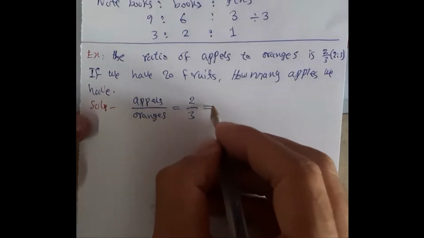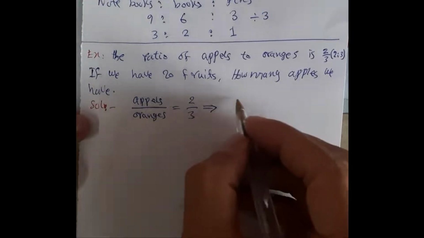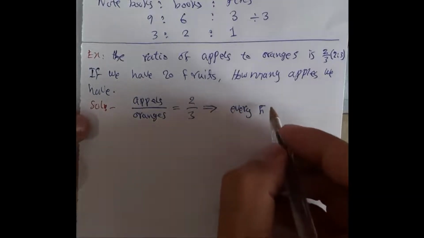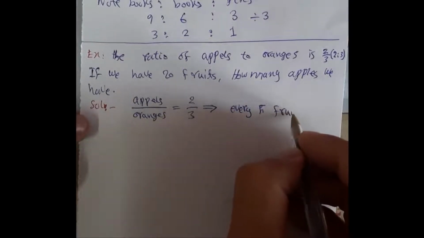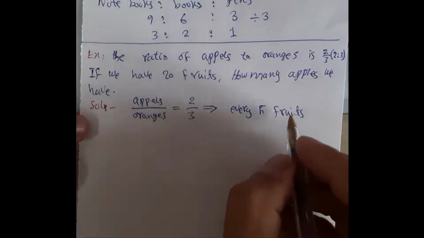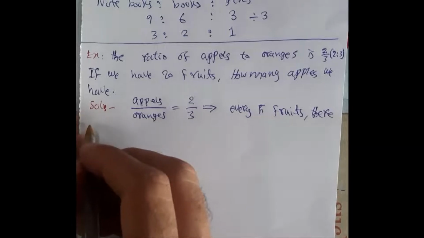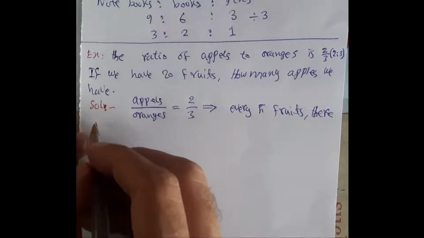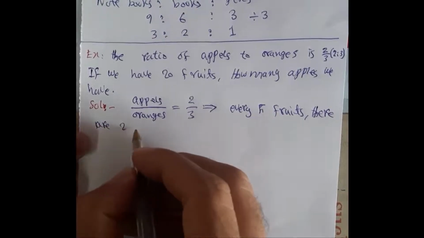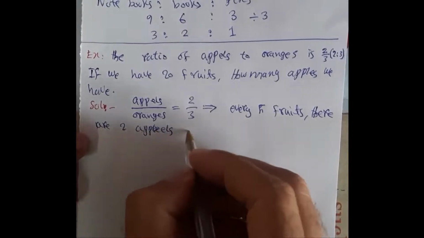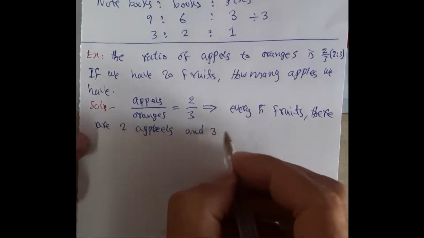It means in every 5 fruits there are 2 apples and 3 oranges.